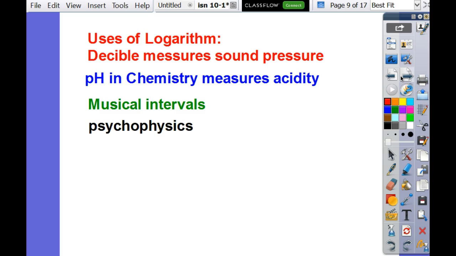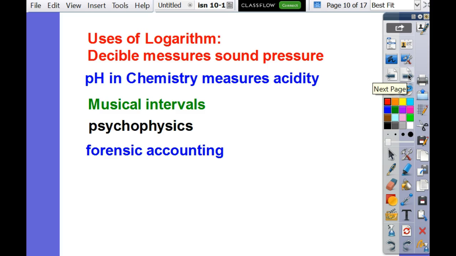And so psychophysics is the relationship between the physical, hitting him in the face, and his brain connecting that and making sense of that and saying, oh, that hurts. So the connection between physical and mental, that's psychophysics based on logs.